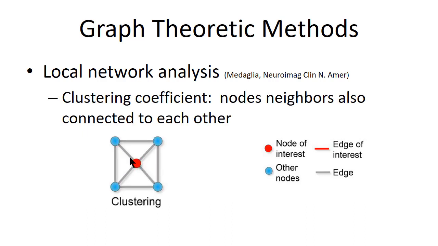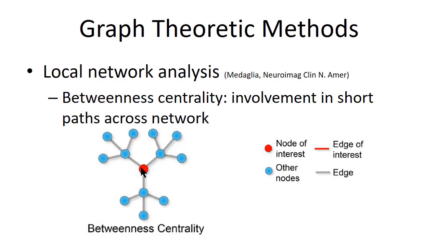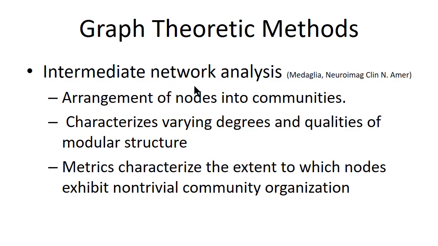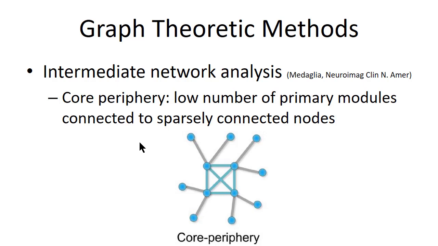There's clustering, basically how much an individual node clusters with its neighbors. There's betweenness centrality, which is a measure of how much a node is involved in short paths across the network. Intermediate network analysis looks at the arrangement of nodes into communities, characterizes varying degrees and qualities of modular structure, and the metrics here characterize the extent to which nodes exhibit non-trivial community organization.